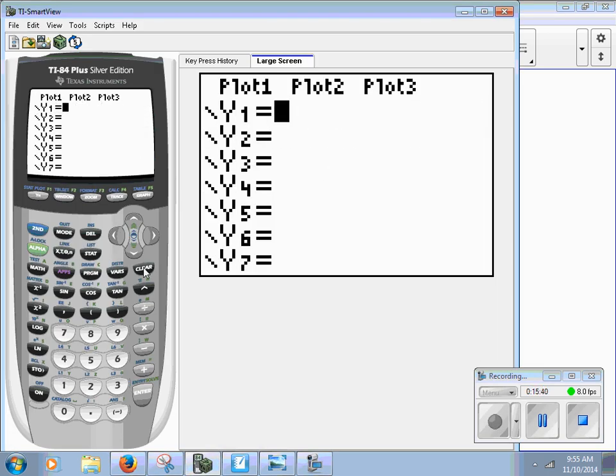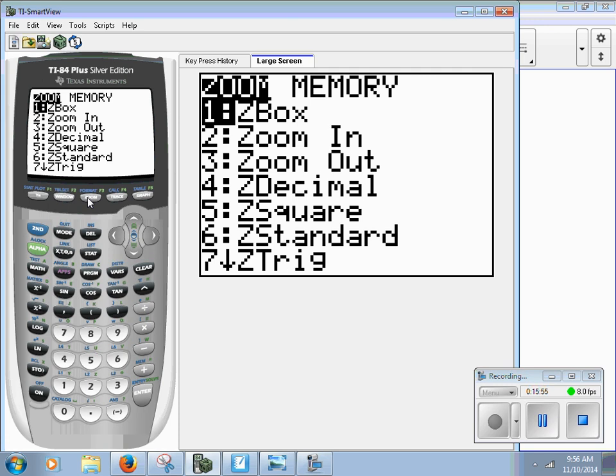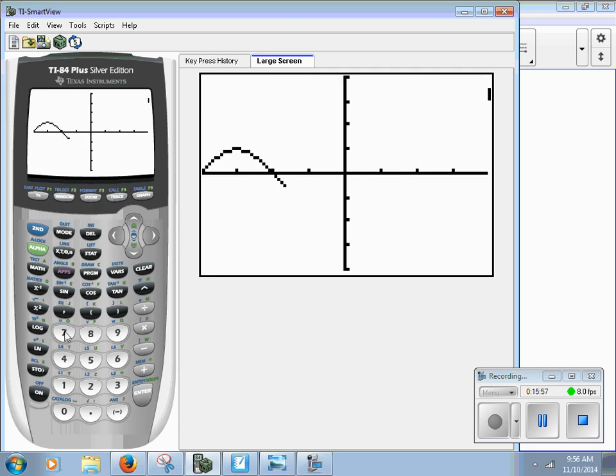Let me show you how to check it in your calculator. What are we checking? Let's check sine of x. Zoom, Zoom Trig, Zoom 7. You see that? Do I need to be concerned about anything over here on the left?